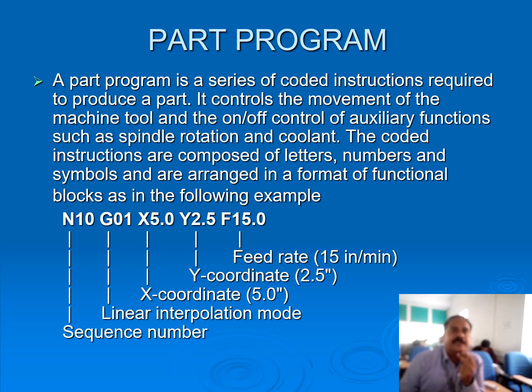Y 2.5 is like the x coordinate, here it is the y coordinate, given as 2.5 inches. And F 15.0 is the feed rate, 15 inches per minute. So this is how a part program looks.